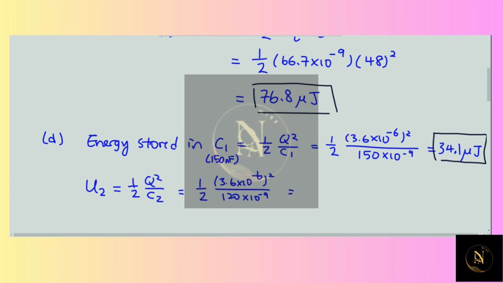Calculate this, you get 42.7 microjoules. You can see that these two numbers, 34.1 and 42.7, add up to 76.8, which is the answer in part C. That makes sense.